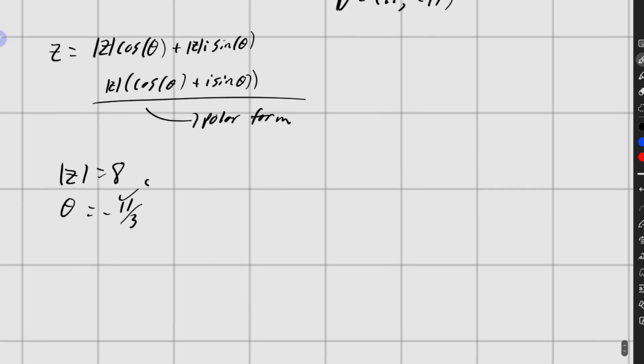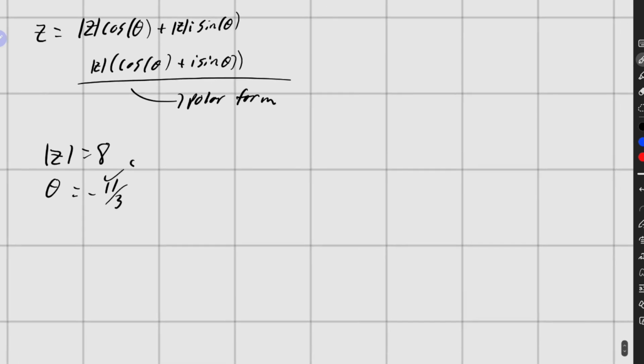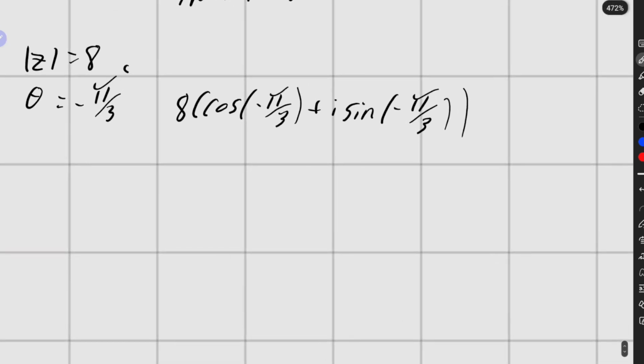Alright, so simple, you just write it into your formula. So it's going to be 8 cosine of minus pi on 3 plus i sine of minus pi over 3. Right? That is polar form.